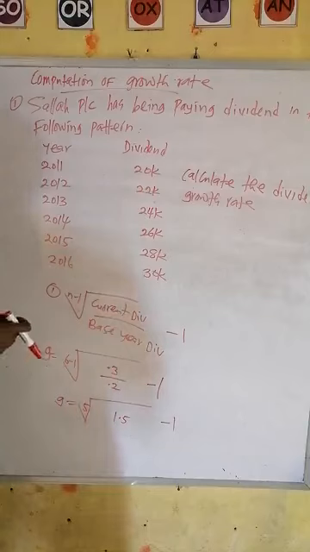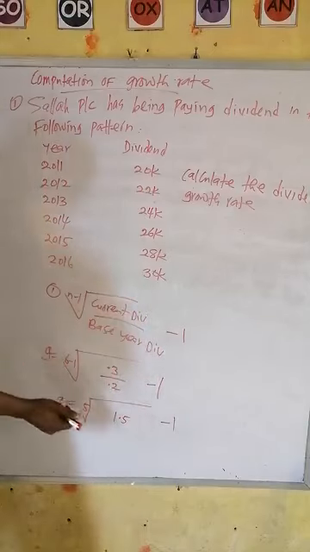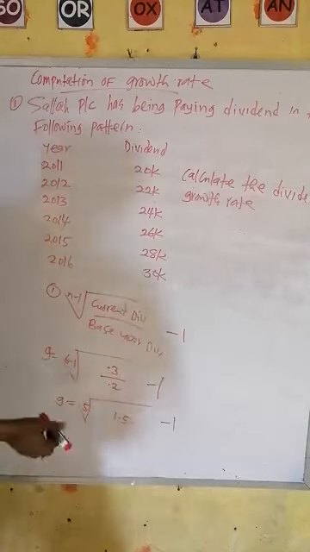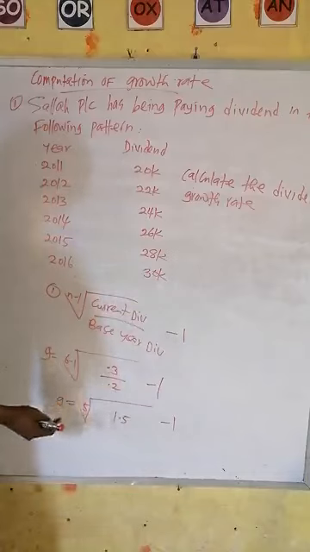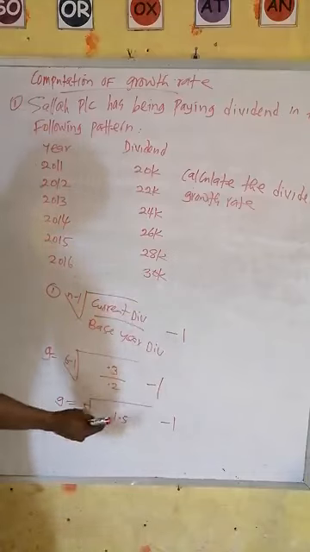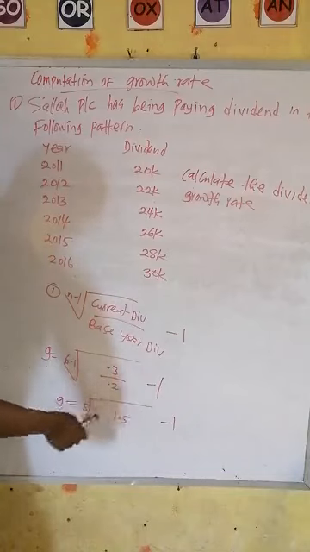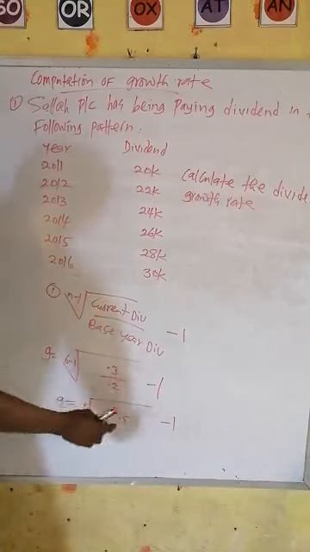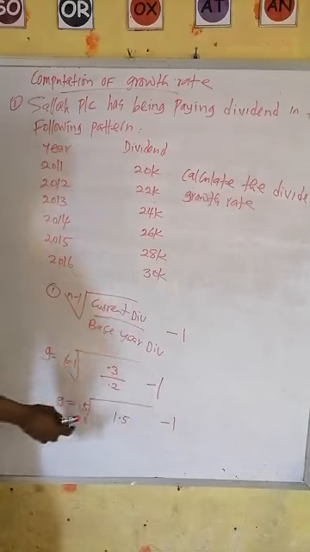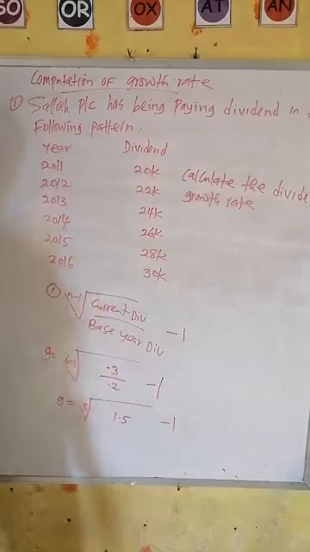Having said that, we now have root 5 of 1.5, the fifth root of 1.5, and you get the answer minus 1.